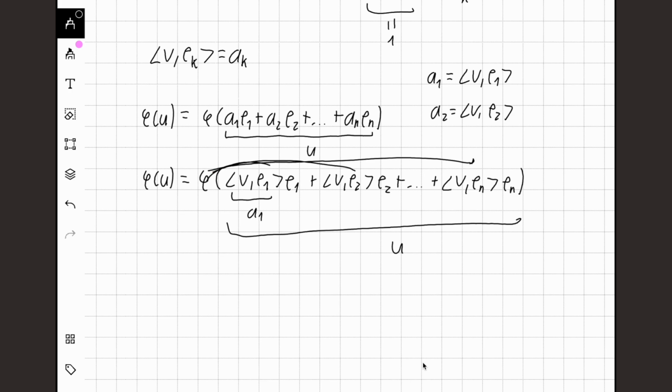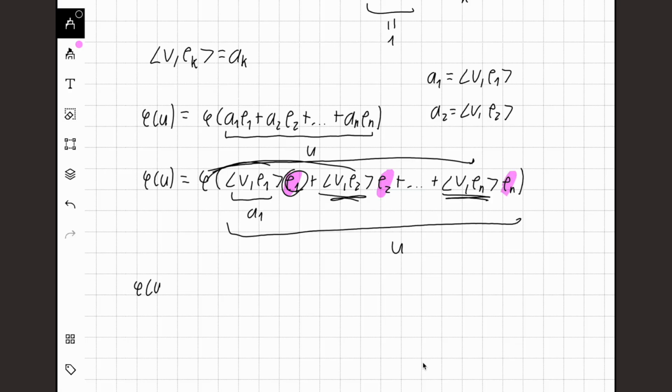And notice that the inner product always returns a scalar, and the linear functional doesn't act on scalars. This will just be a scalar quantity, so it will just leave it alone. It's only gonna act on the vectors, and the vectors are e1, e2, en. I'm gonna highlight them. These are the vectors, and the other things are the scalars.